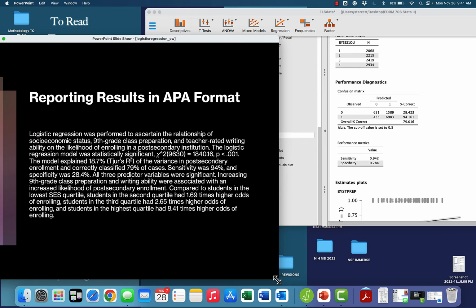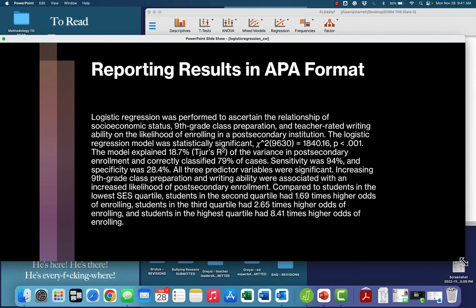All right, how do we write this up in APA format? Logistic regression was performed to ascertain the relationship of socioeconomic status, 9th grade class preparation, and teacher-rated writing ability on the likelihood of enrolling in a post-secondary institution.